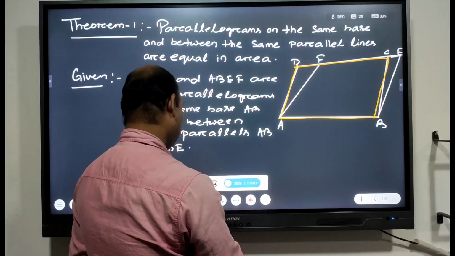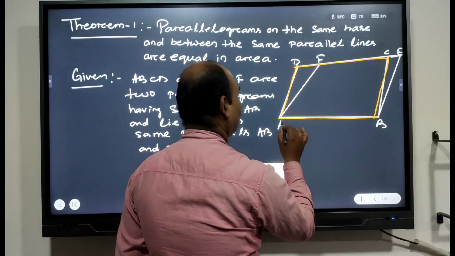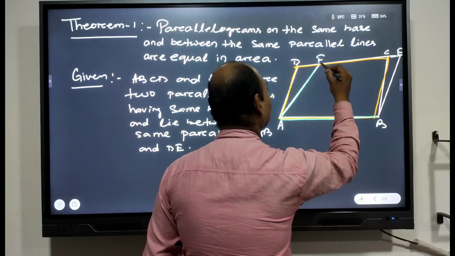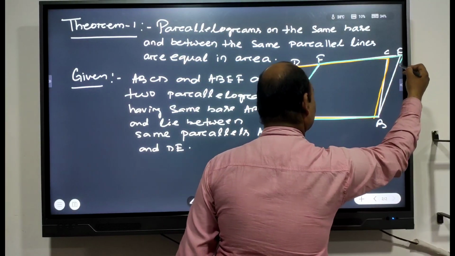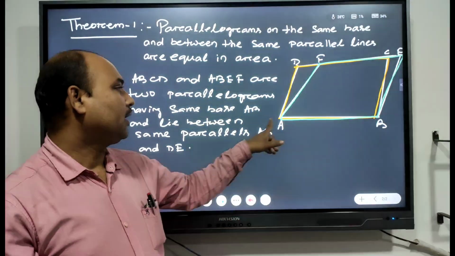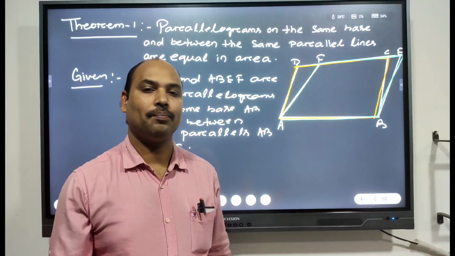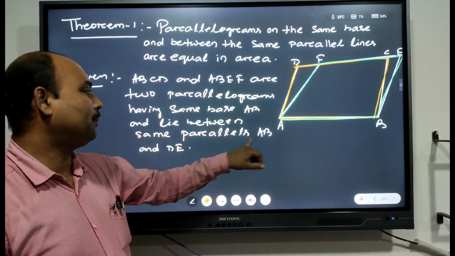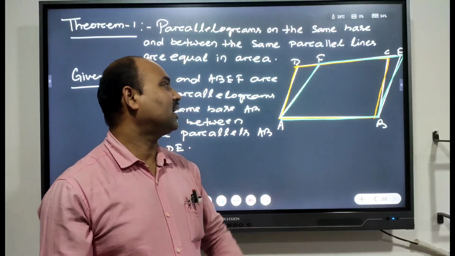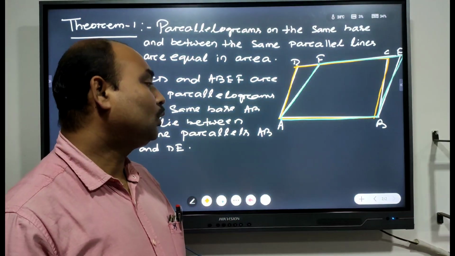Another one is ABEF, this one. Okay. So these two parallelograms, one is the ABCD parallelogram, another one is the ABEF parallelogram, having the same base AB, and they lie between the same parallels AB and DE. It is our given.